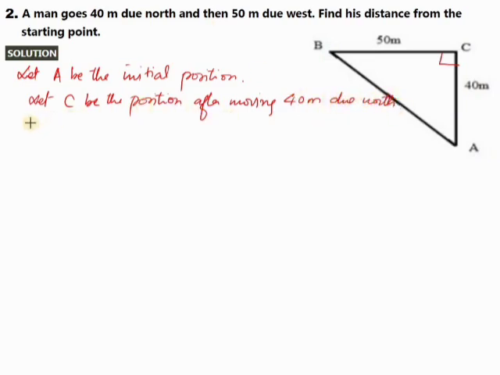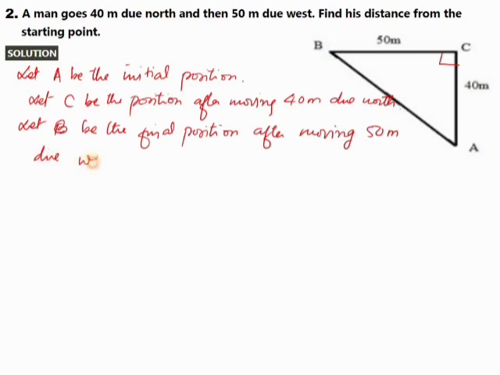And let B be the final position after moving 50 meter due west, right? So we need to find this distance, isn't it? The distance between the initial position and the final position, which is AB.